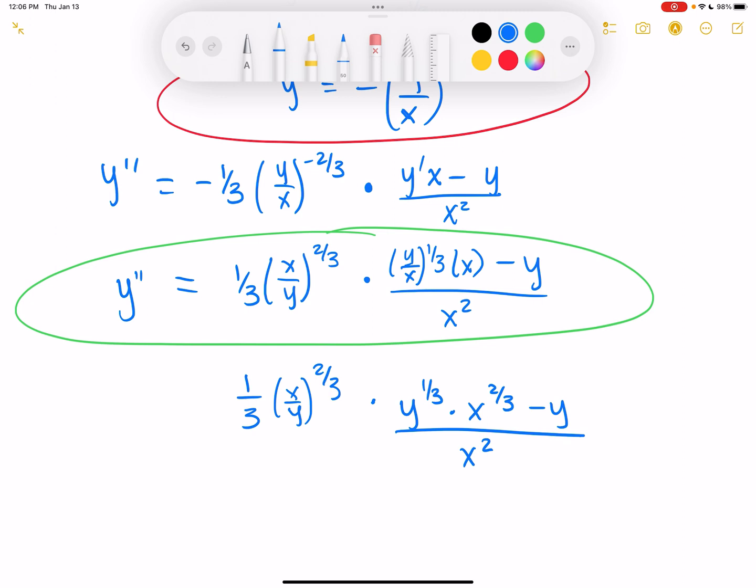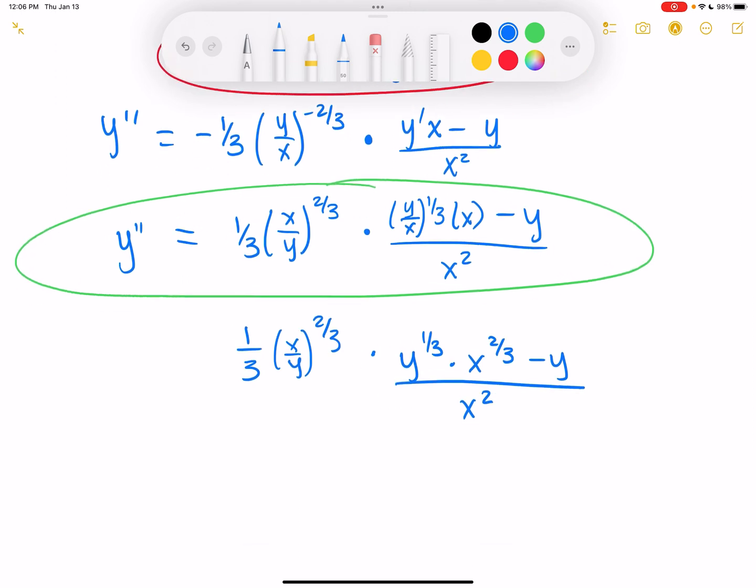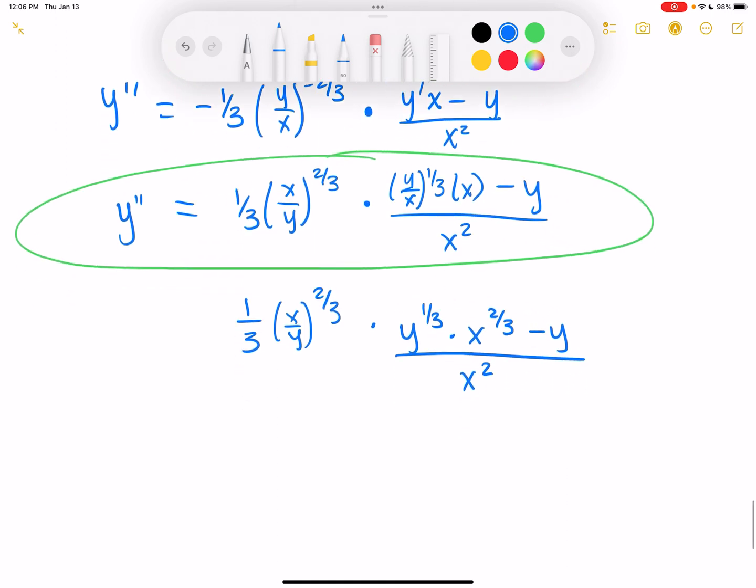Easy. Hold on. This is where it gets a little hairy. So here, let me rewrite this all as one big thing at the moment. So this is going to be x to the 2/3 times x to the 2/3 times y to the 1/3 minus y.